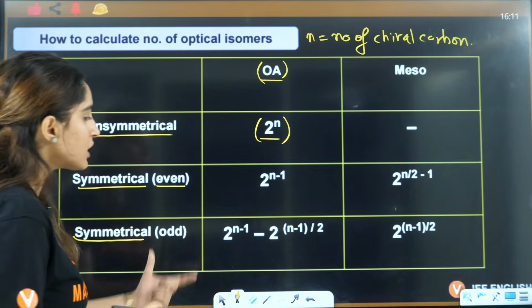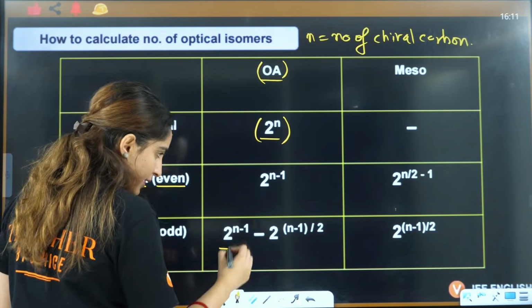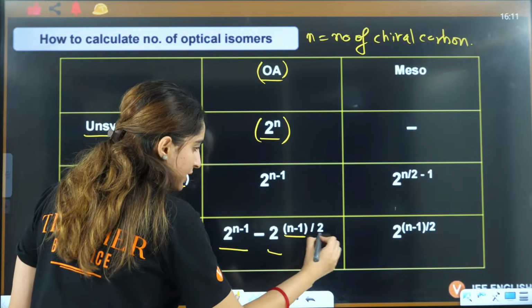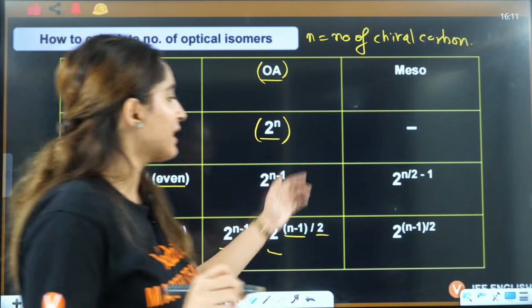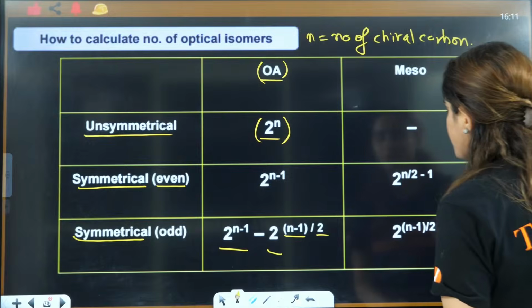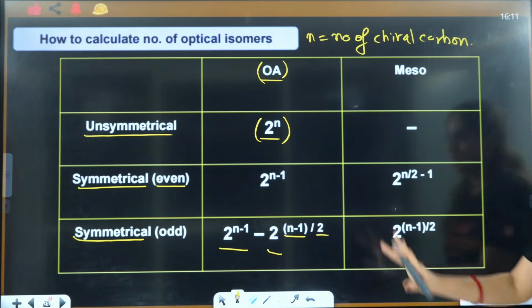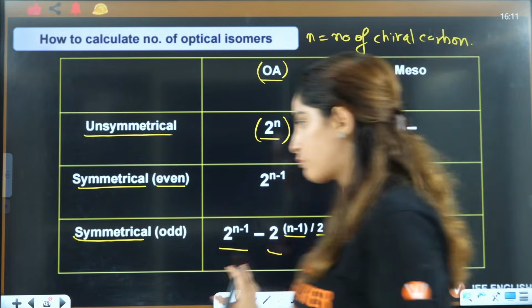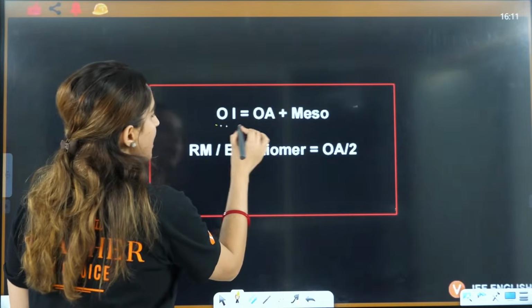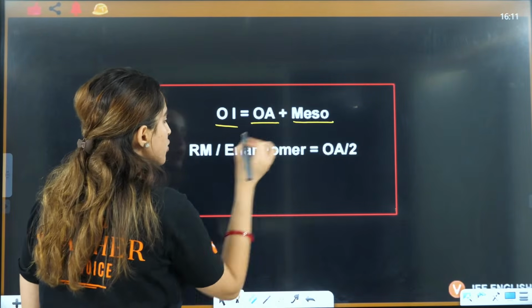Optically active is 2 raised to power n minus 1 minus 2 raised to power n minus 1 by 2. And here meso is 2 raised to power n minus 1 by 2. Optical isomers are optically active plus meso.